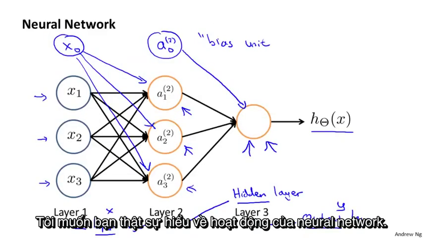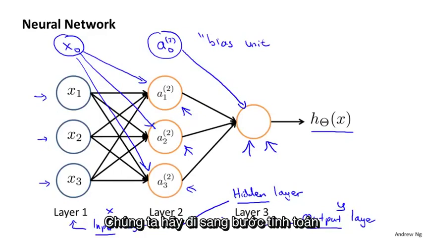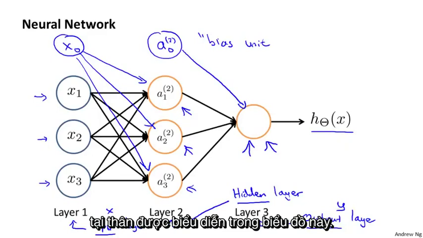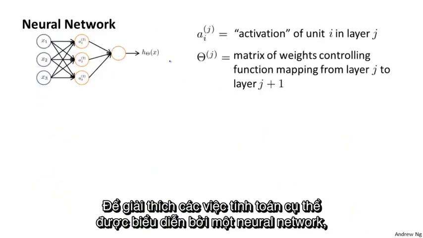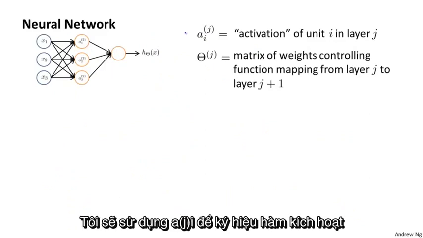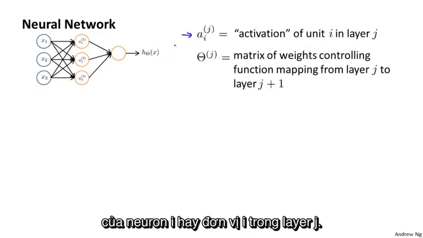I want to be really clear about what this neural network is doing. Let's step through the computational steps represented by this diagram. To explain the specific computations, here's a little more notation. I'm going to use a superscript j, subscript i, to denote the activation of unit i in layer j.